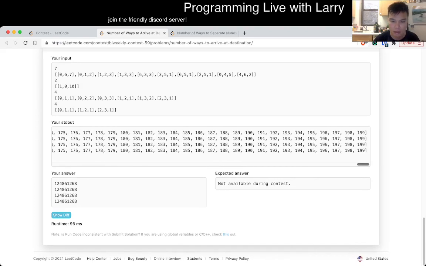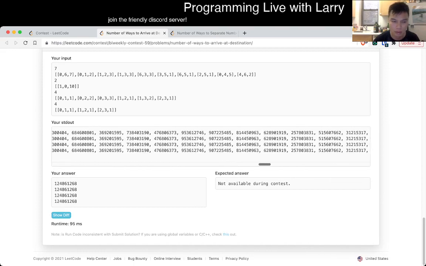It's fast enough. And the mod seems okay.